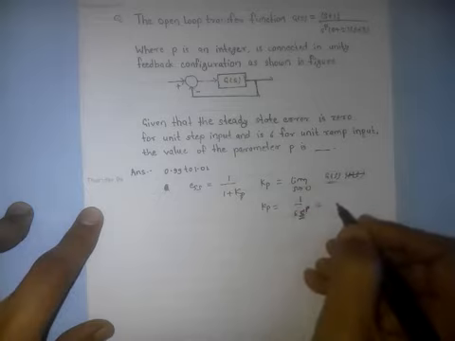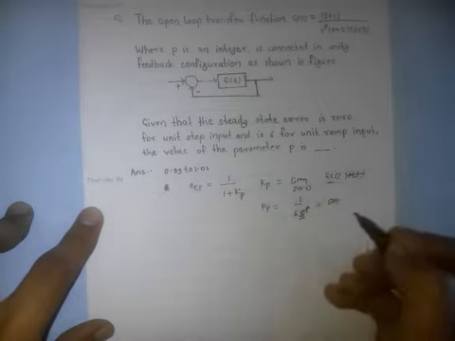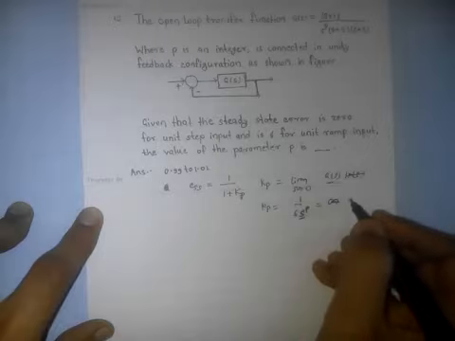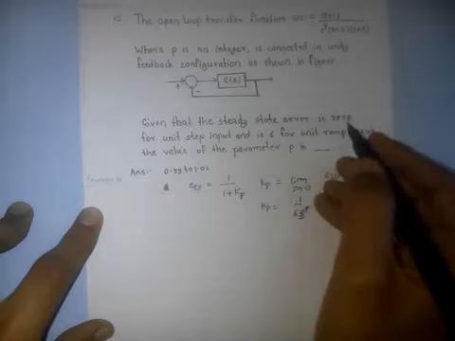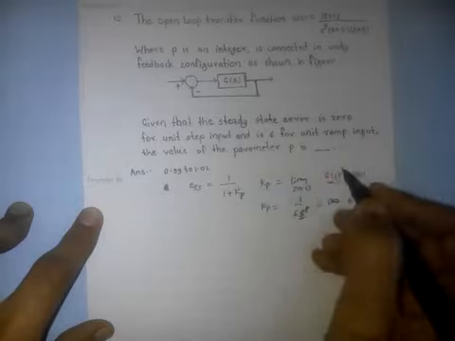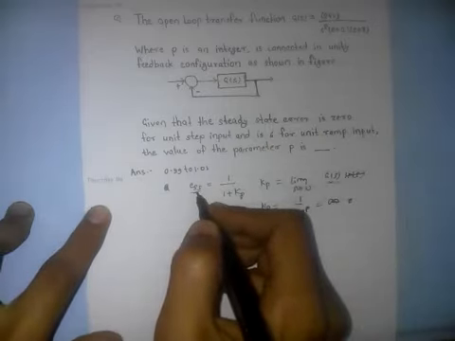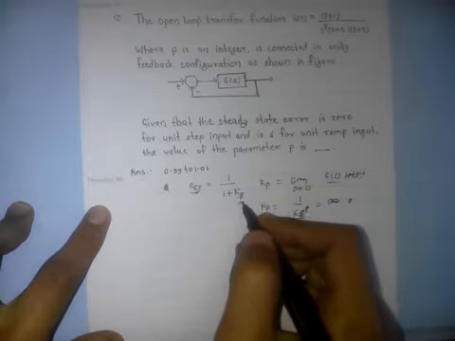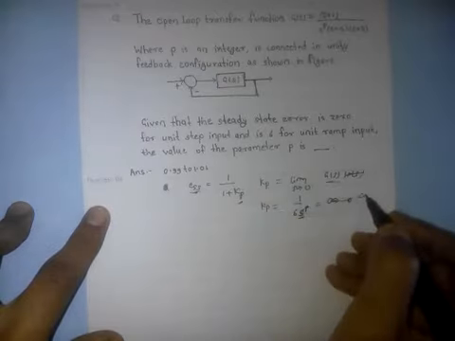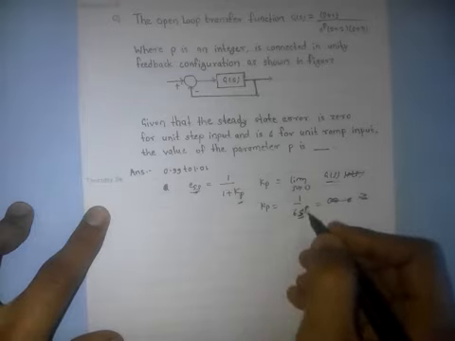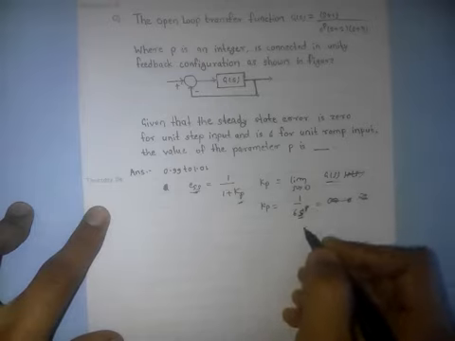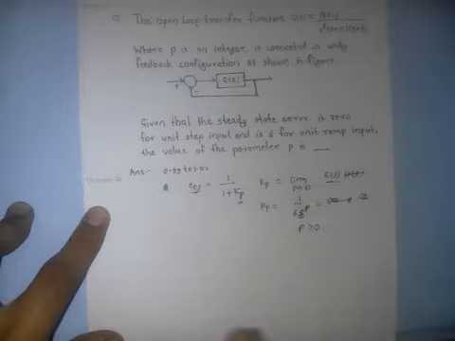The steady state error is going to become 0 when Kp becomes infinity. So when it becomes infinity, if you put s equal to 0, this p power should be greater than 0. Okay, p should be greater than 0.